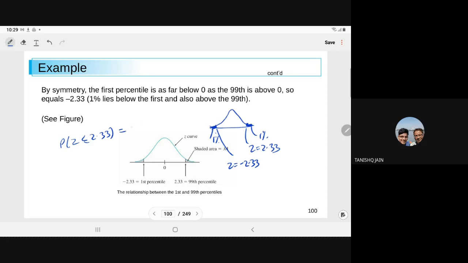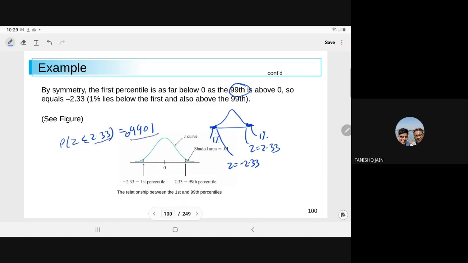It is 0.9901. So here we have to compute 0.9900, but the nearby value is 0.9901.